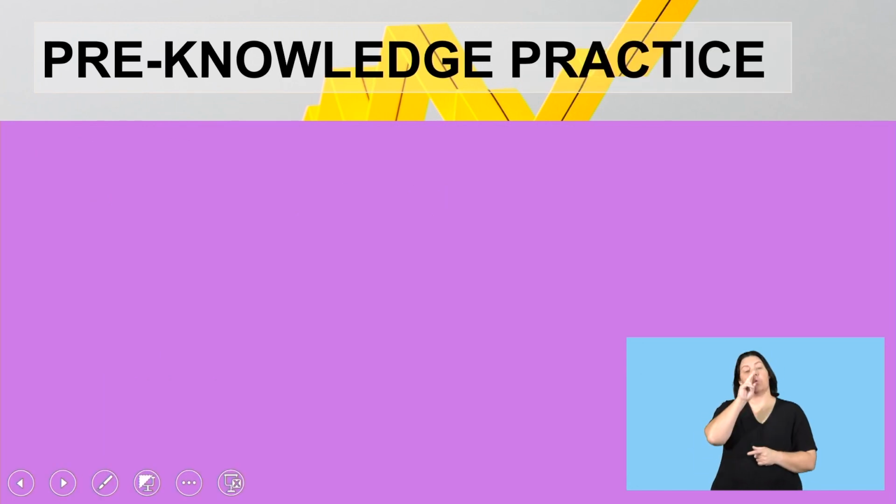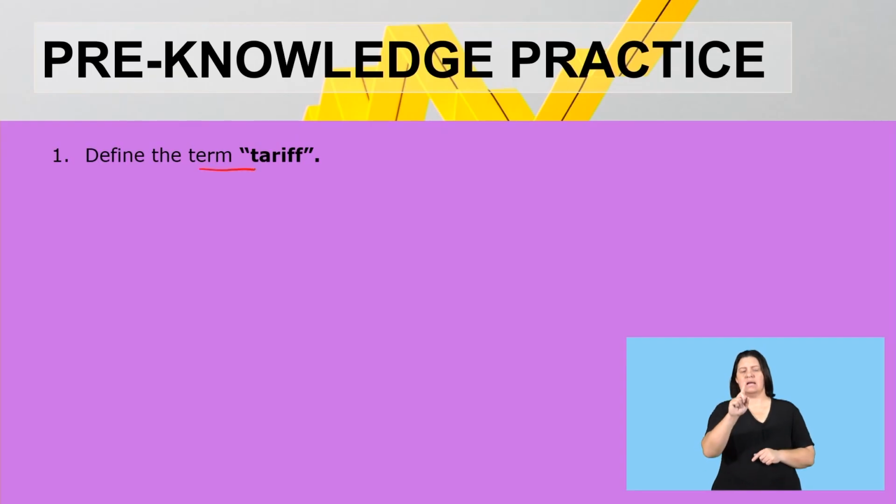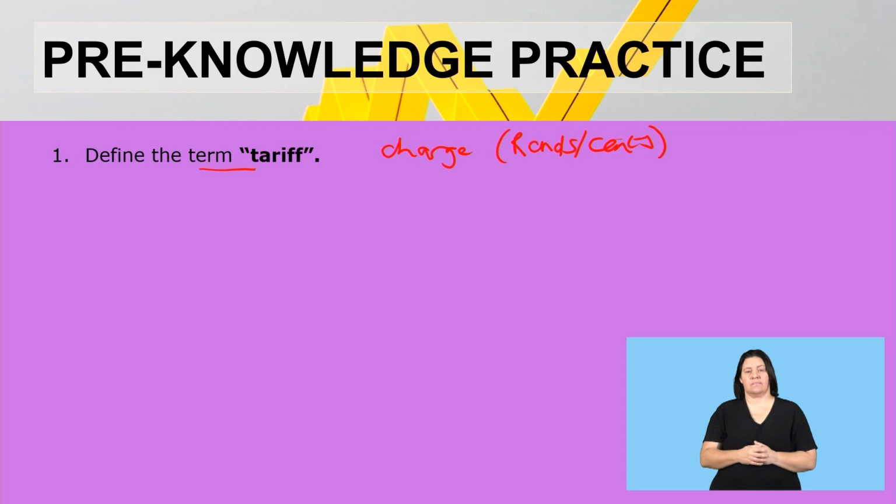Now let's quickly put all of this into practice. It's a short test basically, just to test you. All right, let's look at the first question. It says, define the term tariff. So there's your level 1 question, know your terminology. We know that a tariff is normally a charge, and this charge can be either in rands or in cents, per measuring unit, depending on what we're working with, water, electricity, and so forth.